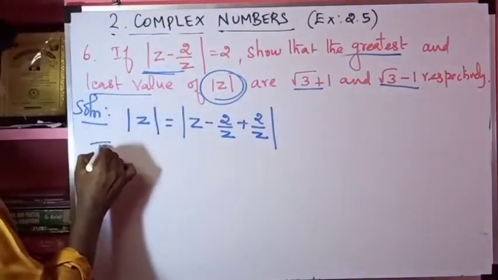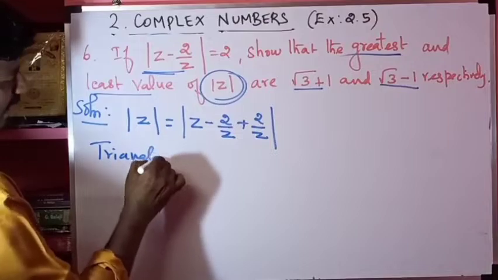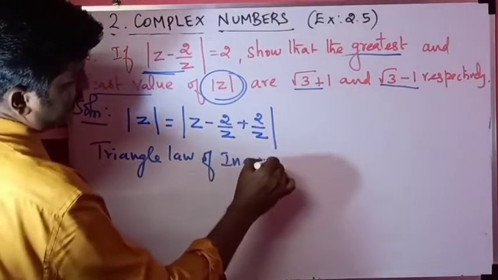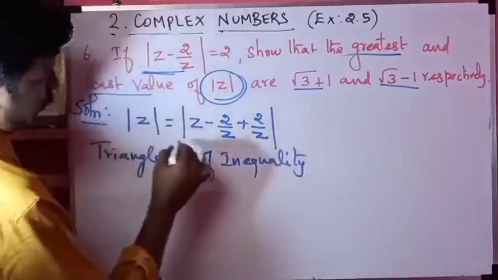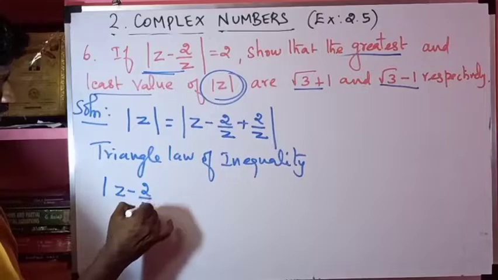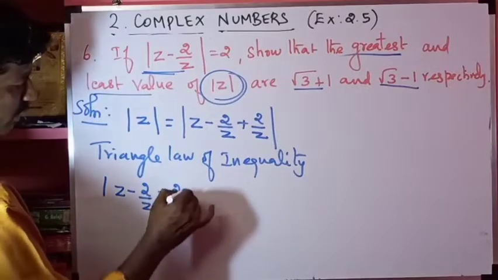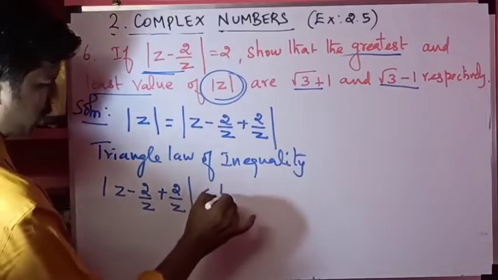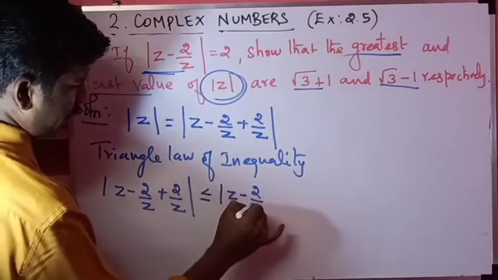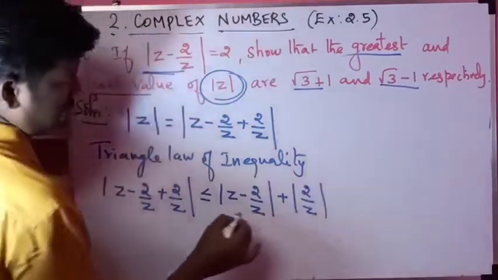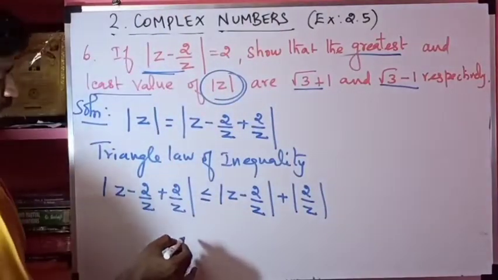Now here I use the triangle law of inequality, right? Triangle inequality. So what will this be? I take this: z minus 2 by z plus 2 by z, right? This is less than or equal to, this can be written as modulus z minus 2 by z plus modulus 2 by z, by triangle inequality, right?